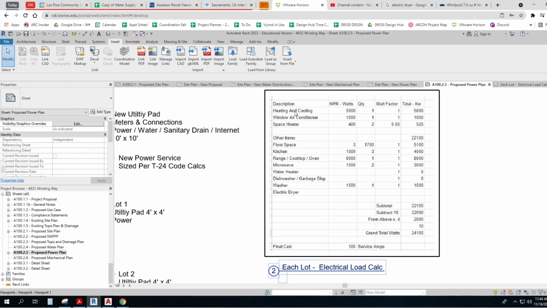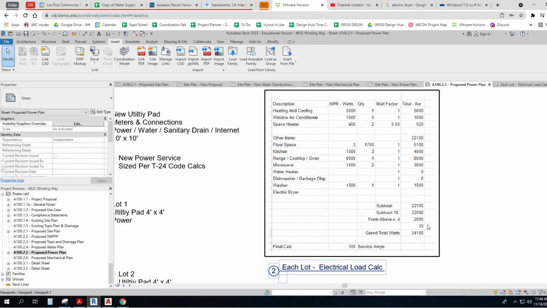So you do your heating and cooling, figure out the biggest load, and then you figure out all the other little things that all add up. I don't know why they have that subtract 10 and add, it's like it's so meaningless. I don't understand what it's there for, but it's in the code.